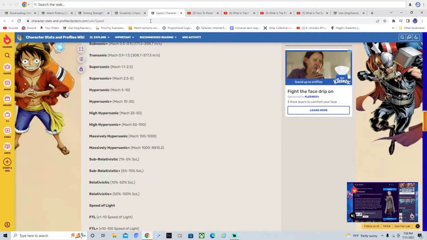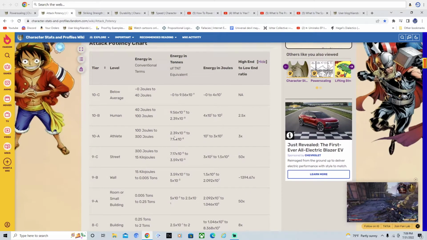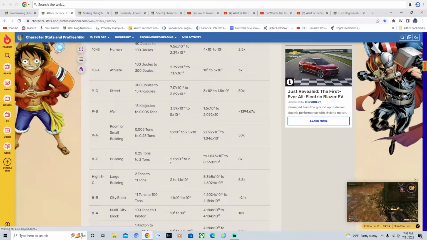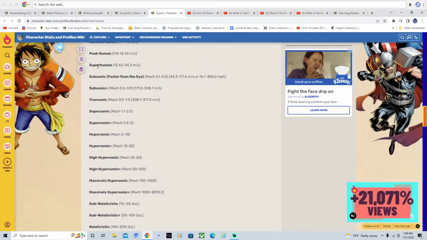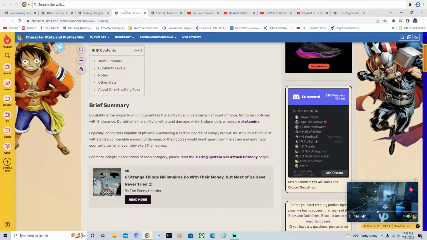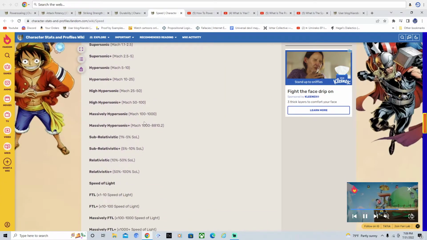So, you know that poor fellow I just told you about with no durability but with 2 tons of building attack potency / striking strength? Well, what if the person who is able to ignore those attacks is only able to move at subsonic speeds, but the person with no durability has like a speed level of sub-relativistic or faster than light?